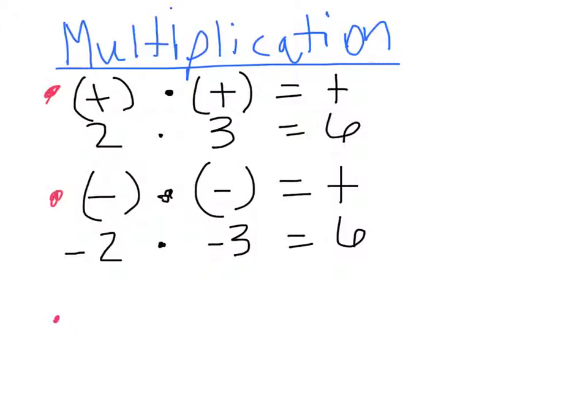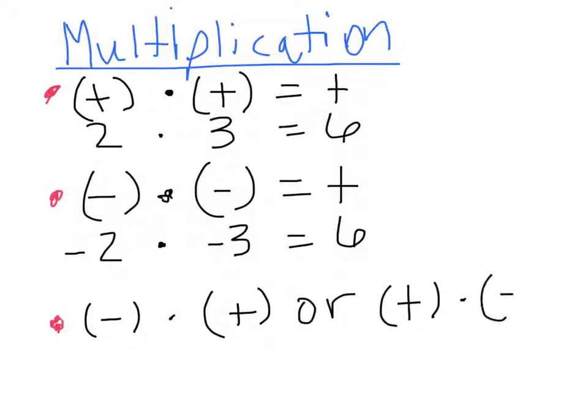Our last situation we could have for these would be a negative and a positive. A negative times a positive, or a positive times a negative, whichever way you go, will always equal a negative.